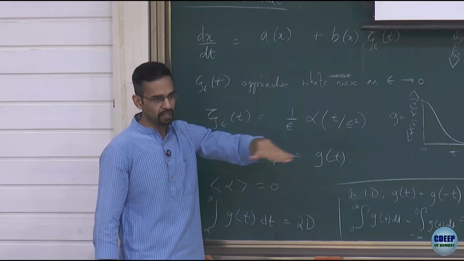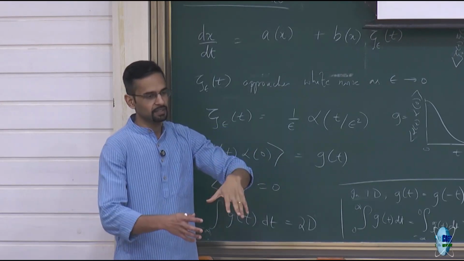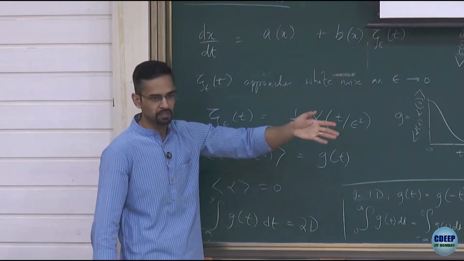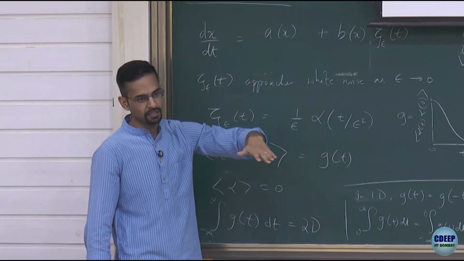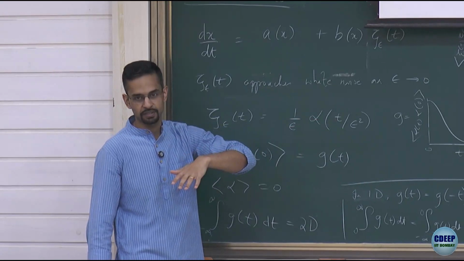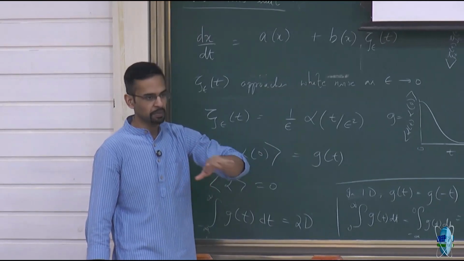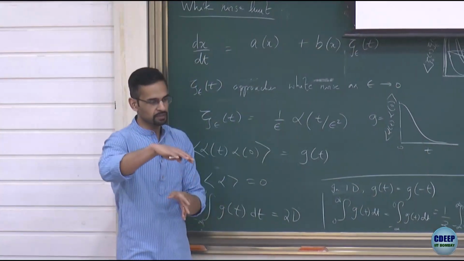For example, if I have this force on the ball, then the effect of fluctuations will be directly felt. Maybe B can be said to be some constant. But on the other hand, if you think about a flow over a surface, and then there are turbulent fluctuations, the force experienced by the surface depends on the shape of the surface, and I want to solve for the shape of the surface. Obviously, if I have a flat surface, air over it will affect it differently than if the surface is deformed.